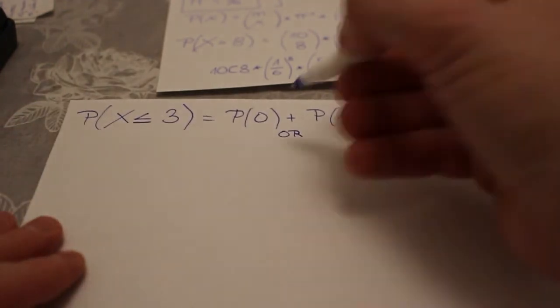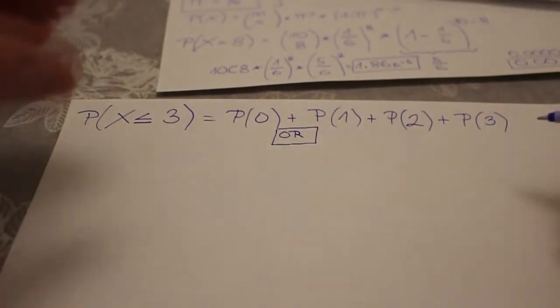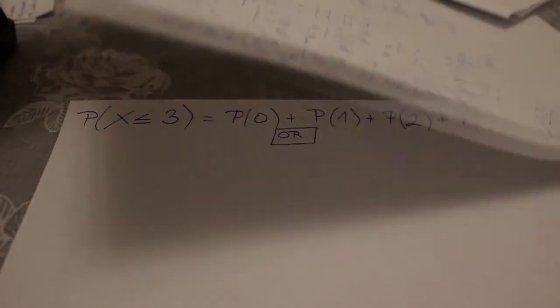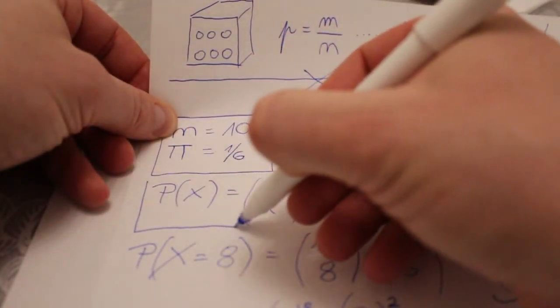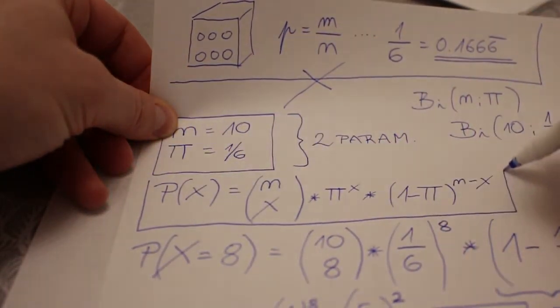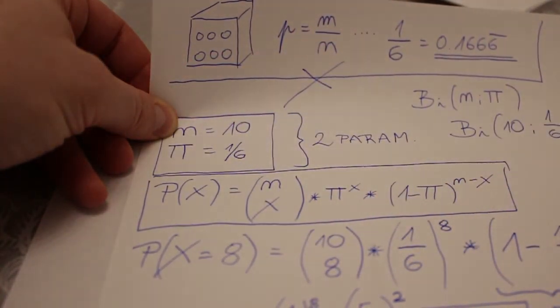Okay, so this is classical summation, but we must calculate according to this formula. We must calculate the summation of 4 probability functions.